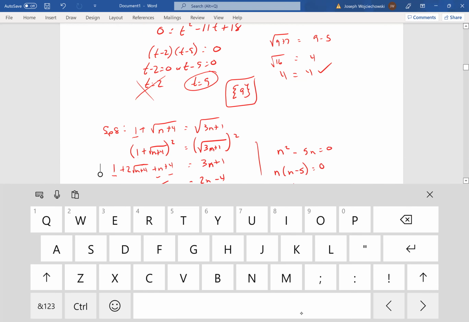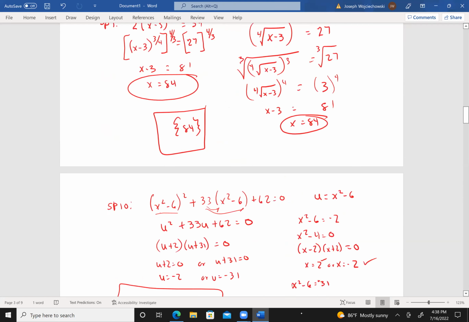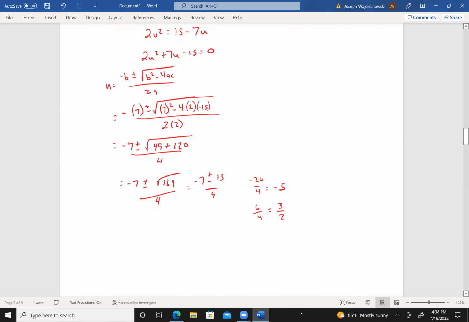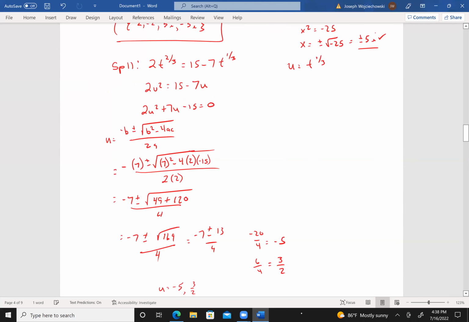Okay. And I've lost my place here. Here we are. So u is equal to negative 5 or 3 halves. So let's start with negative 5 equals t^(1/3). Cube both sides, and we get t = −125.